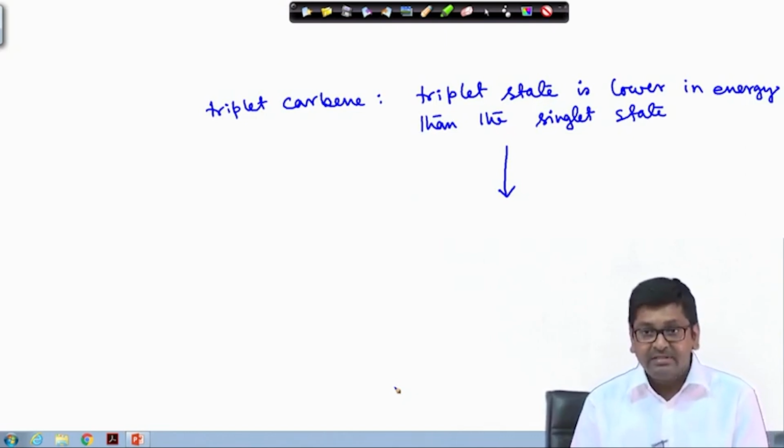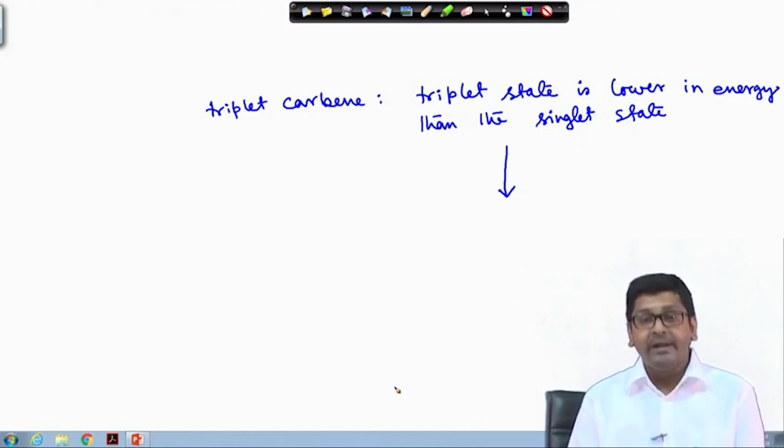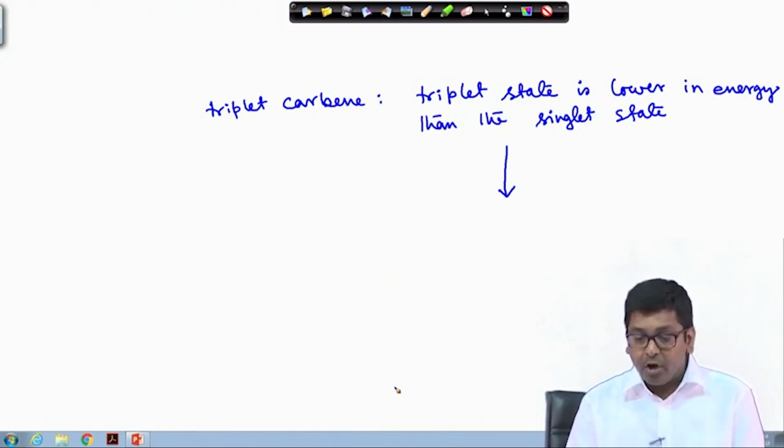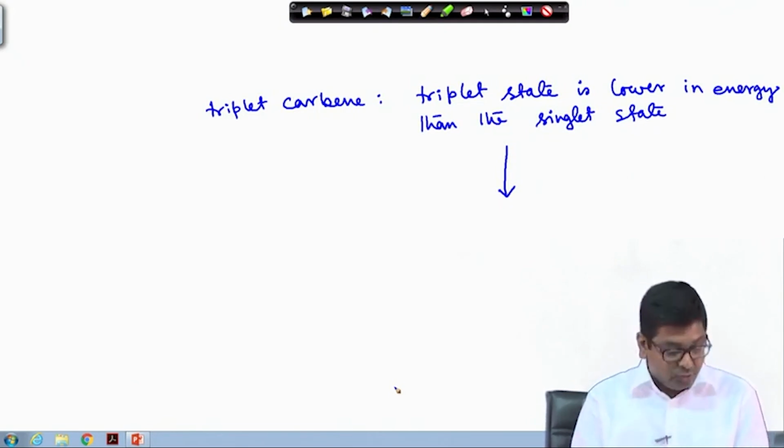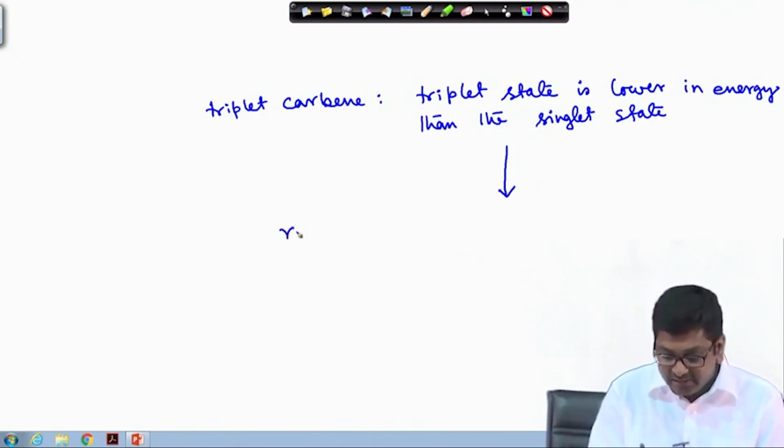That means this carbene always wants to be triplet, because in that case it will be lower in energy. Is it clear? Okay.